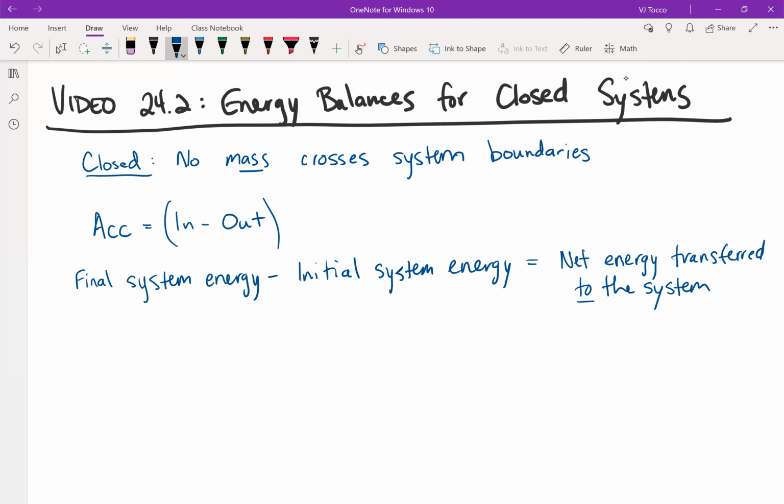which would also make sense, meaning that energy would be transferred by the system to the surroundings. So given what I had defined in the last video about the types of energy, if I take the final system energy minus the initial system energy, I can take the sum of the forms of energy. So I'll call it E sub k at time 2 plus E sub p at time 2.